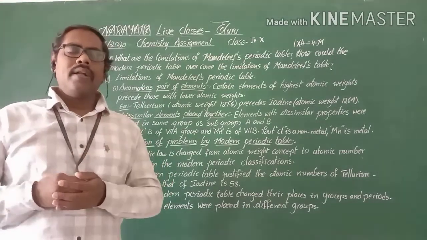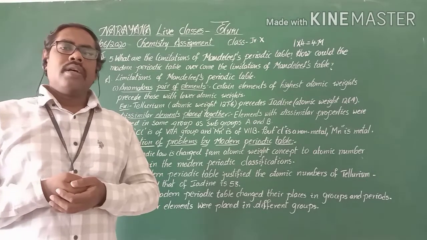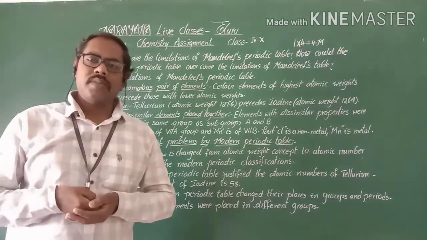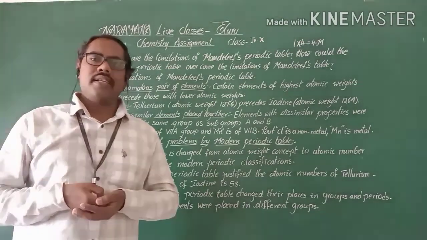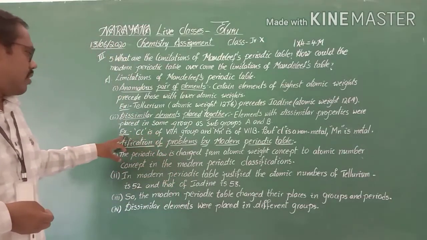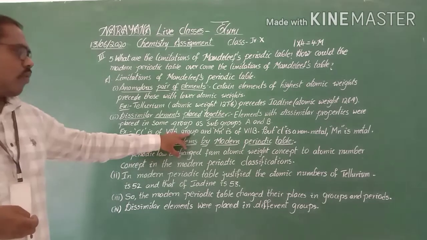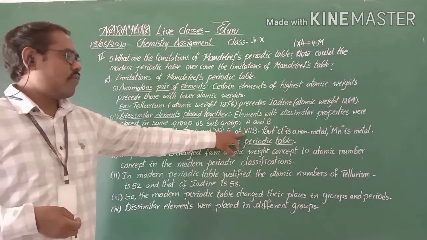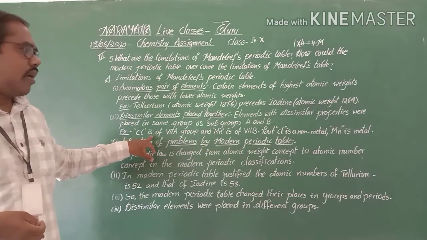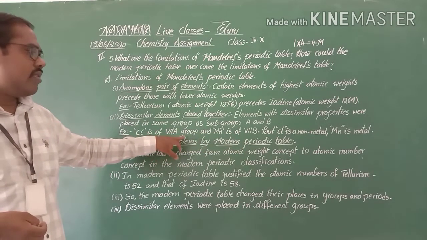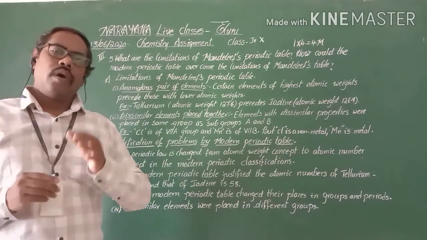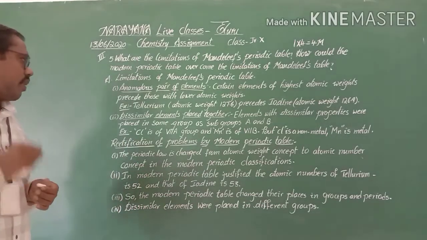But in the Mendeleev periodic table, elements exhibiting dissimilar properties, that means different properties, were also placed in the same group. For example, chlorine is of group 7A and manganese is of 7B. Here chlorine is a non-metal, but manganese is a metal, even though the two elements are placed in one group. This is one of the defects of Mendeleev.